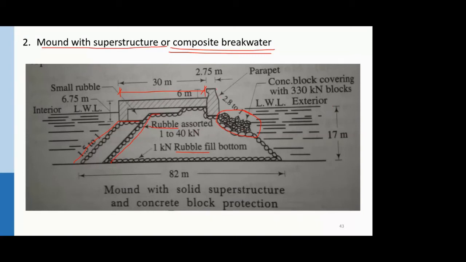And instead of an exact trapezoid, what they have done is at the top portion, they have widened the area by providing such platforms and some parapet wall. This parapet wall will also restrict the effect of waves affecting this platform, and over this platform there can be any movement of material or vehicles or pedestrians.